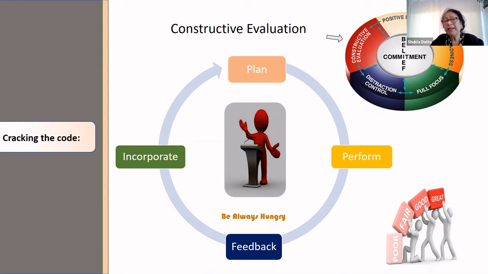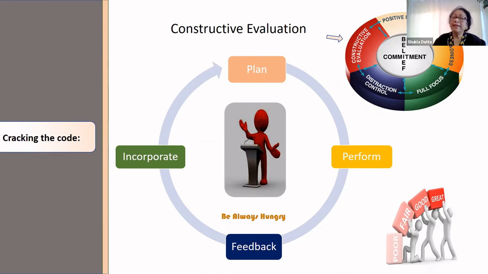This is a continuous and constant evaluation. Some can do radical and rapid transformation, but many of us like to do gradual improvement. Just like the hare and the tortoise story, slow and steady wins the race.